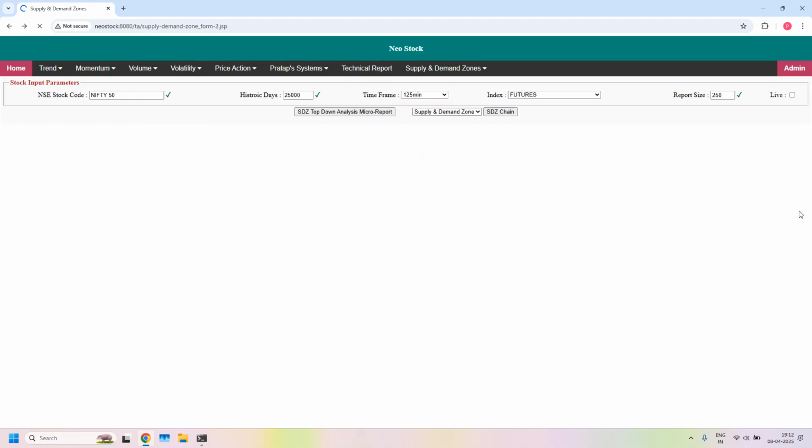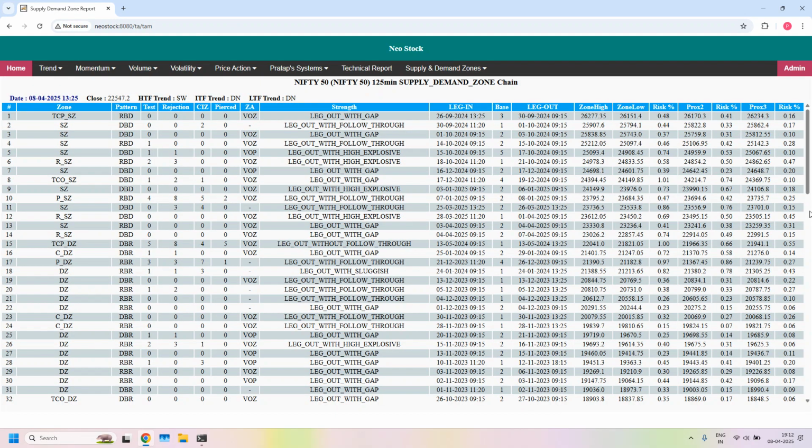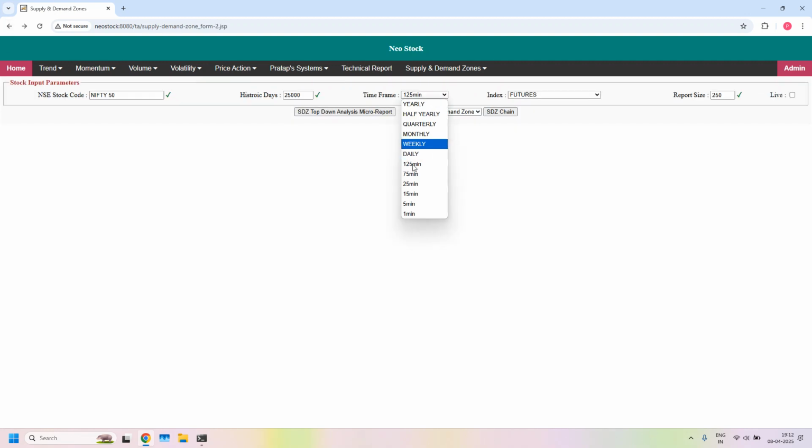Generating 125 minutes supply demand zone chain for NIFTY. Next, generating 75 minutes supply demand zone chain for NIFTY.